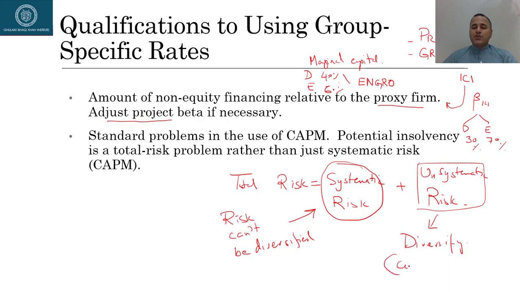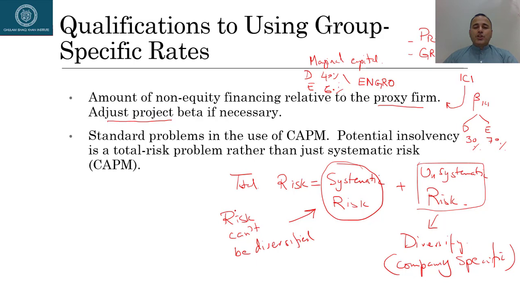Unsystematic risk is company specific, and it is not market specific. It may be industry specific, but most precisely it's company specific. To a lesser extent it is industry specific, but it is not market specific, because the market is related to systematic risk.